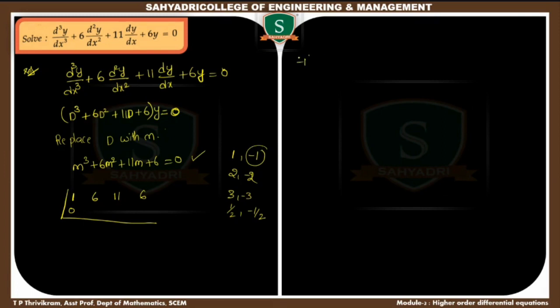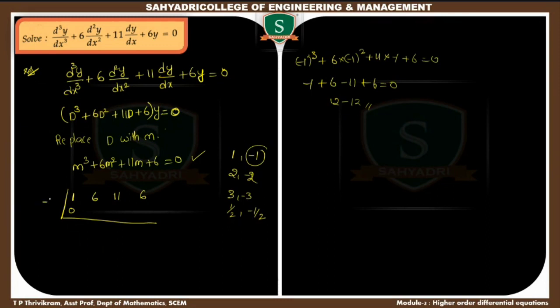Minus 1 cube plus 6 into minus 1 square plus 11m, that is minus 11, plus 6 equal to 0. If we add all this, minus 1 plus 6 minus 11 plus 6, 12 minus 12, we are getting minus 1 as a solution for it.